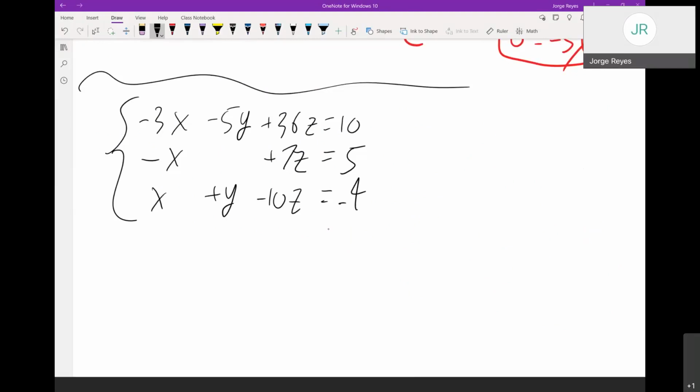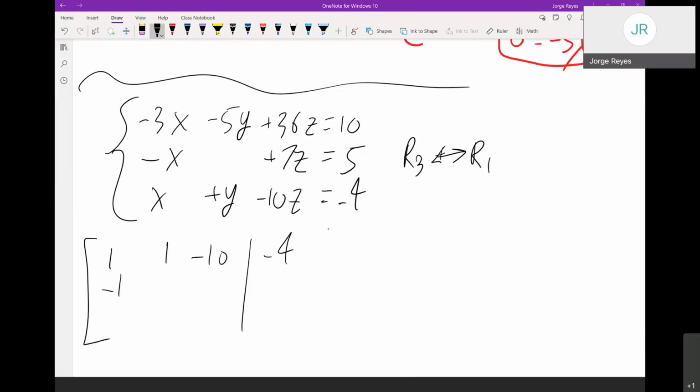So we see an extremely similar system. I'm just going to swap row 3 and row 1 right away while I make my matrix. So 1, 1, -10, -4, -1, 0, 7, 5, -3, -5, 36, 10.